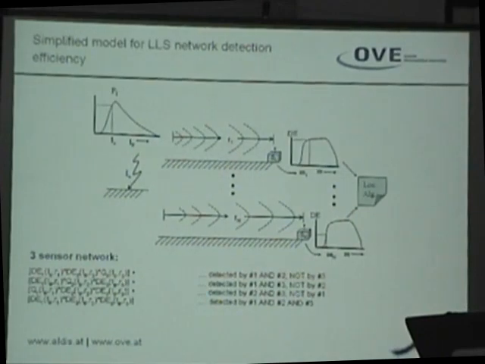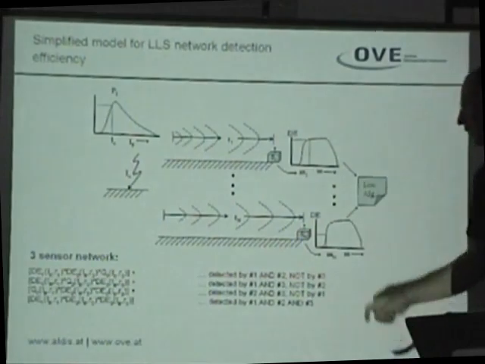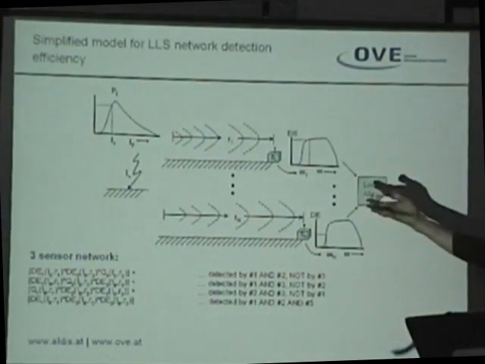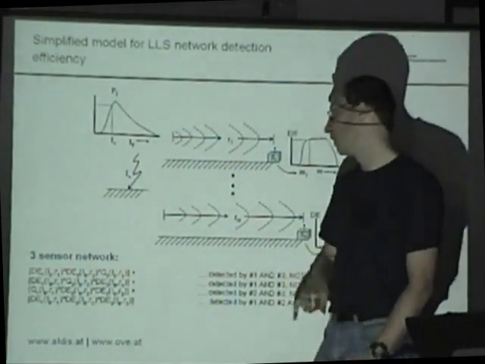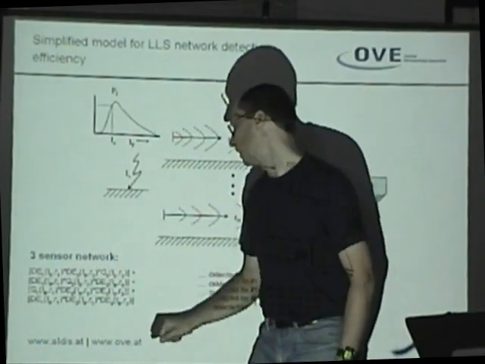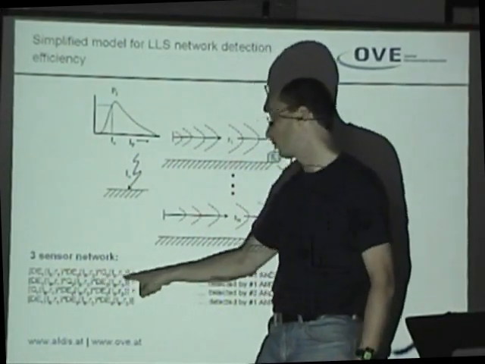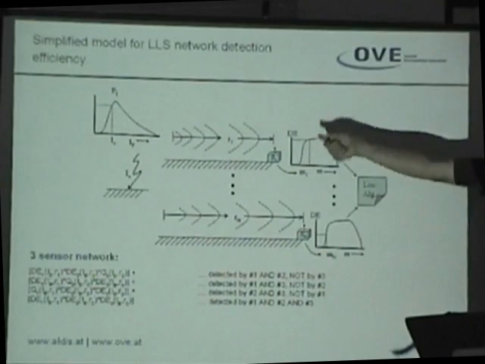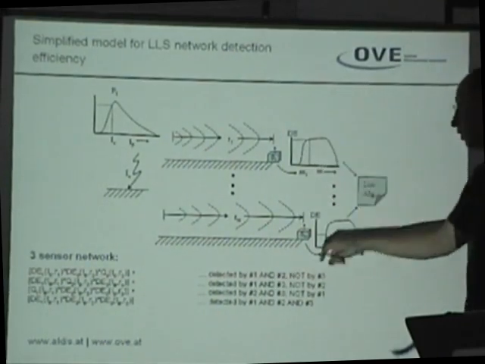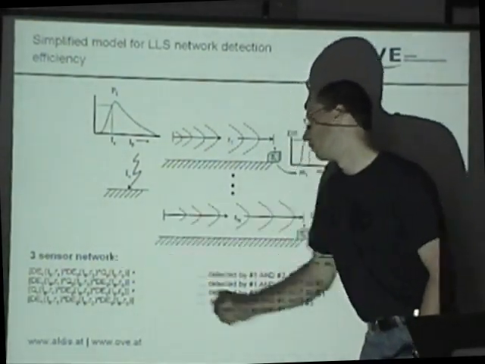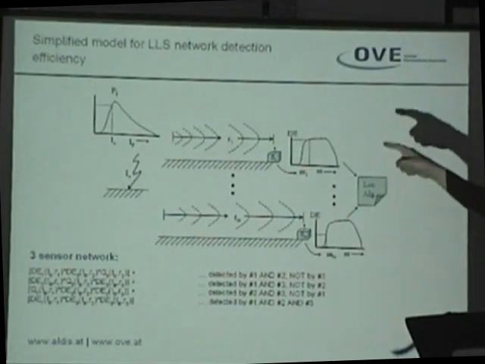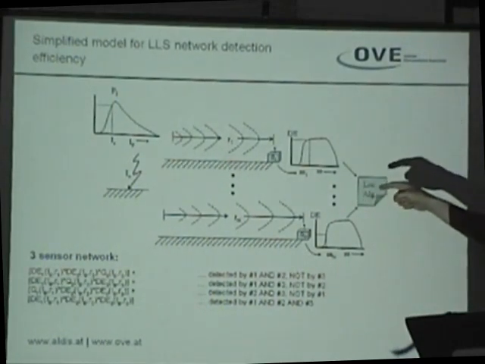And then you can calculate for a three-sensor network, for example, the probability of the network to detect. It is the probability that sensor 1 detects, sensor 2 detects, and sensor 3 doesn't detect, so it's 1 minus this probability. Plus that sensor 1 detects, sensor 2 doesn't detect, and sensor 3 detects.